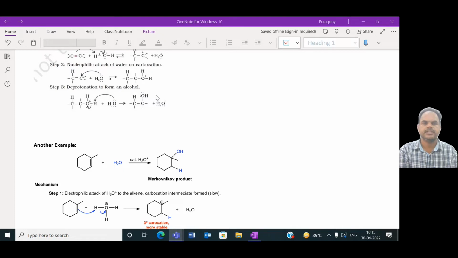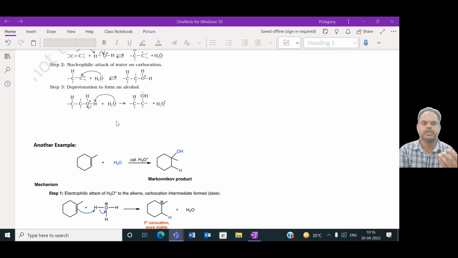To compensate this positive charge, the sigma bond is converted to a lone pair, and this proton is taken by the bisulfate ion, HSO4 minus, to form the acid again, in the form of a catalyst. That is step 3, deprotonation to form an alcohol.